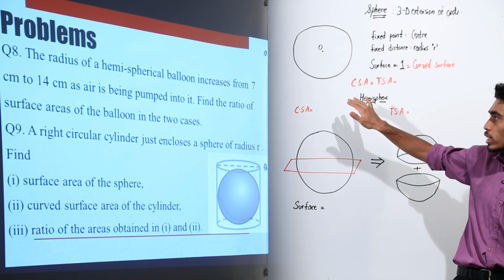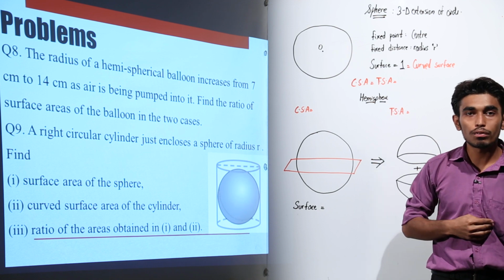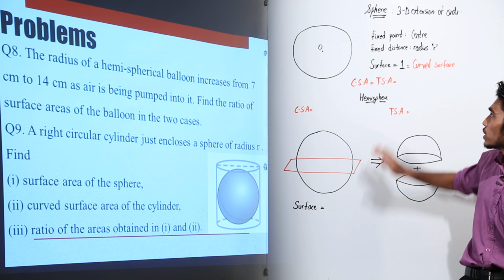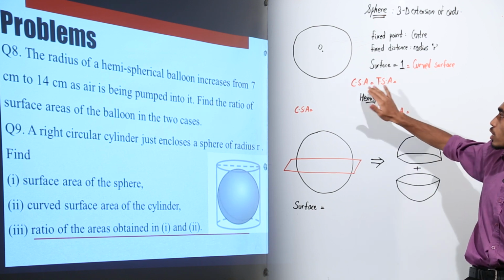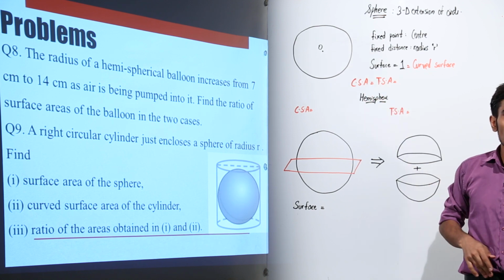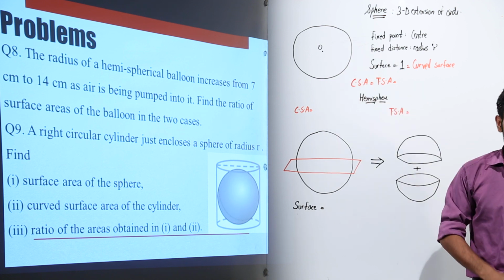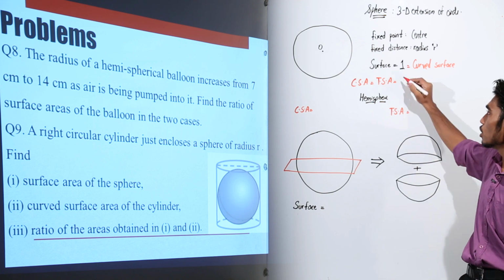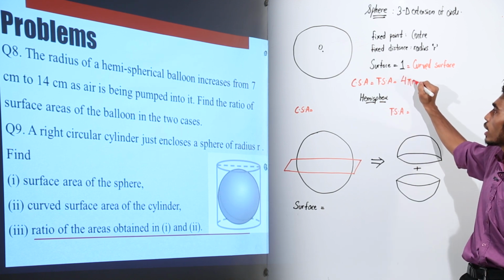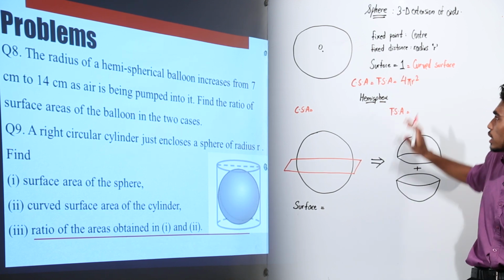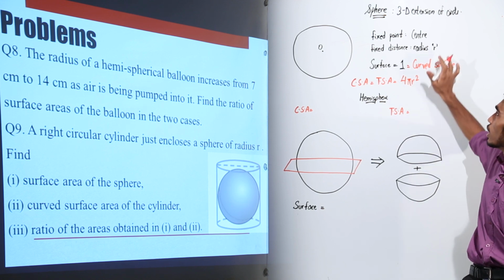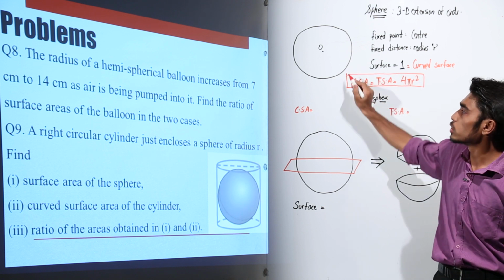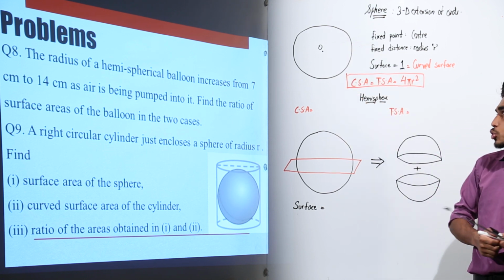But as a sphere has only one surface, which is a curved surface, the curved surface area and the total surface area would be the same in the case of a sphere. And the formula for curved surface area or the total surface area of a sphere is 4 pi r square, where r is the radius of the sphere, right?